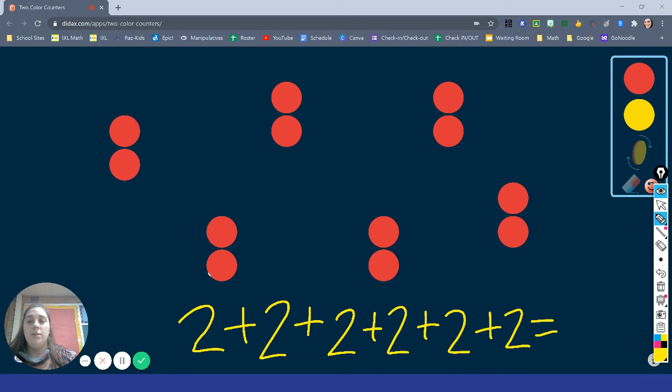Okay, so we have 1, 2, 3, 4, 5, 6 groups. So in our repeated addition sentence, we have 1, 2, 3, 4, 5, 6 twos.